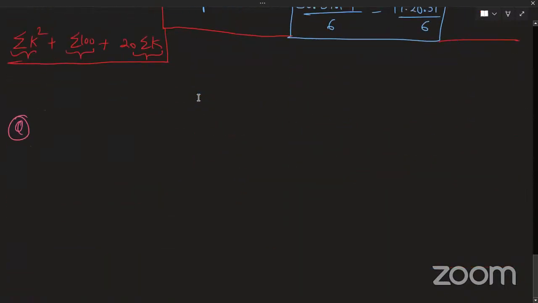Okay. So just one question. Sigma of r into r plus 1 into r minus 1, starting from r is 1 till any number n.